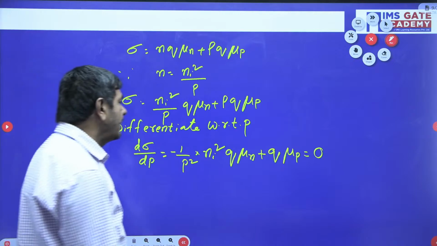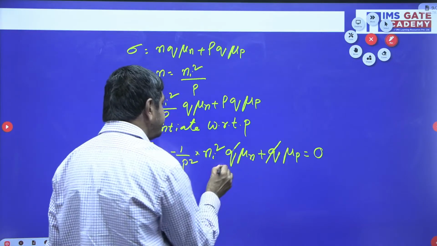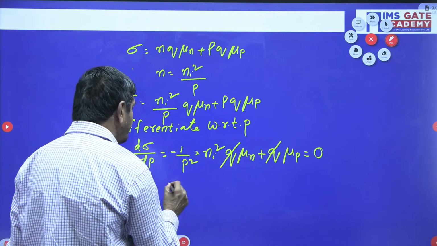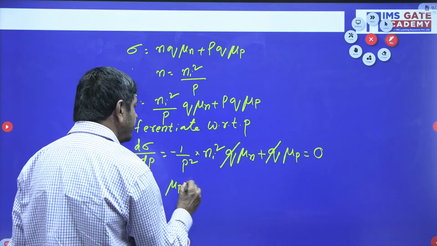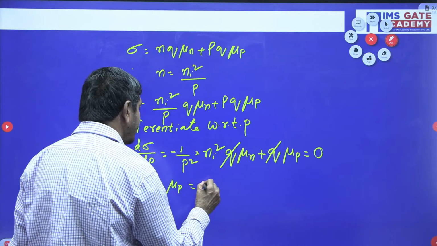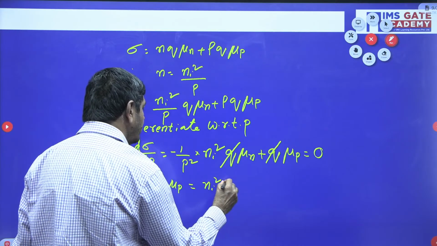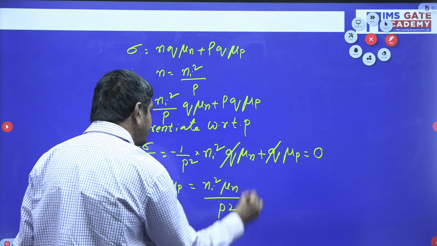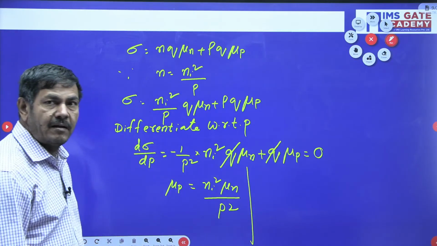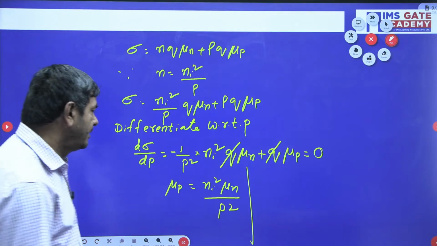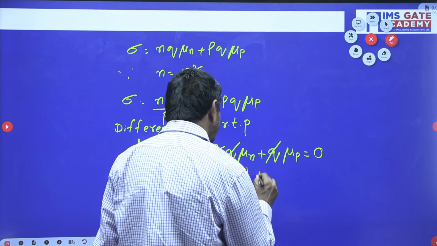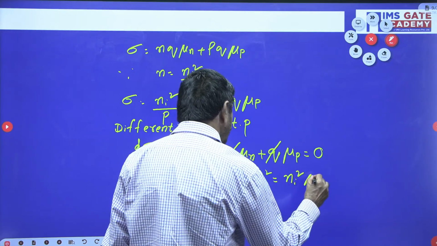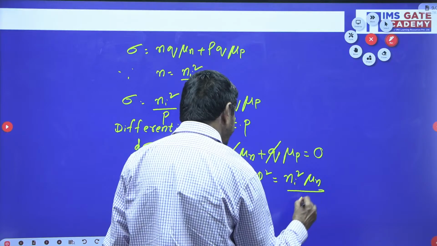I can cancel on both sides this q term. If I cancel, what is still left? Mu p equal to ni square into mu n by p square I can get now. My aim is to find out the p, concentration of holes required. So p square equal to ni square into mu n by mu p.